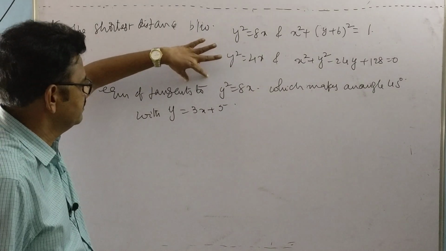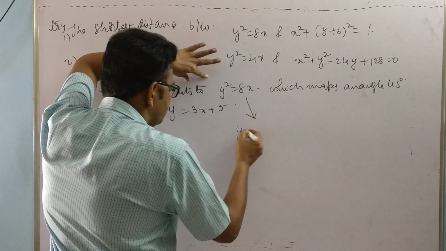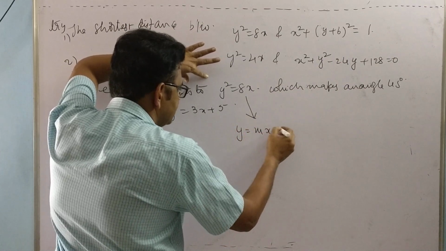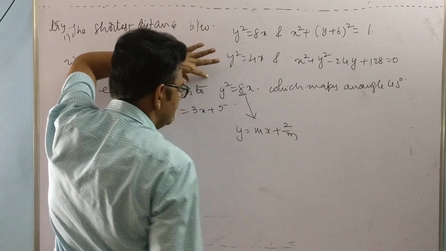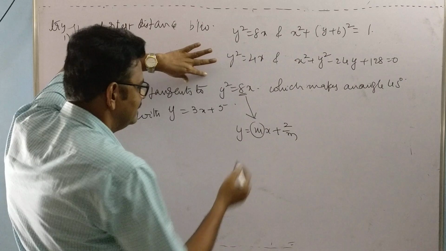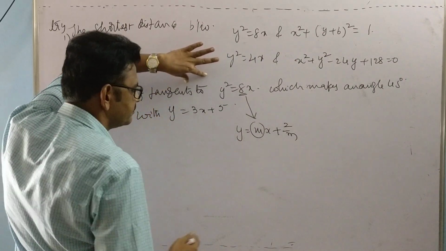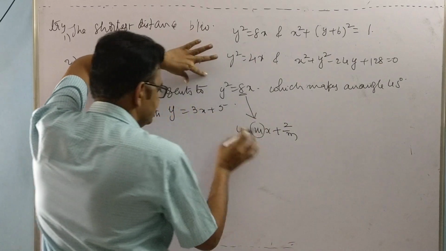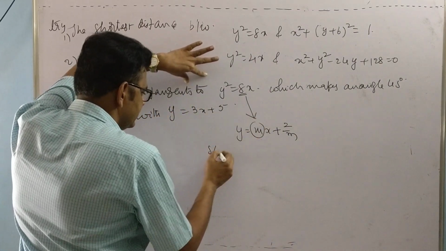So how to solve this problem? The equation of tangent to the parabola is y equal to mx plus a by m, where a is 2, so 2 by m. Now our aim is to find the value of m. This tangent makes an angle 45 degrees with this line. Now what is the slope of this line?